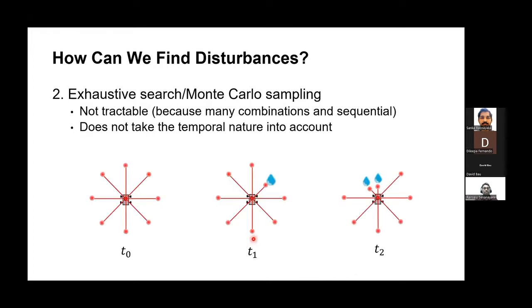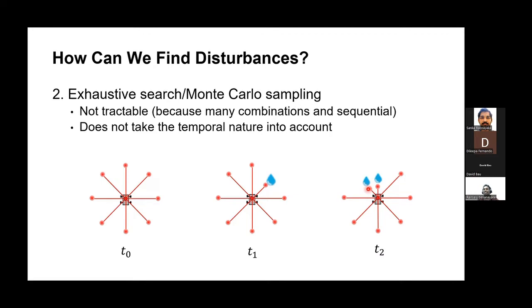Now, another thing we can do is some exhaustive search or Monte Carlo sampling. For instance, what you can see here is a LiDAR, and you can see some LiDAR beams here, and we can just exhaustively search. Okay, if the rain drops here, this is my output. If the rain drops here in the next time step, this is what happens.